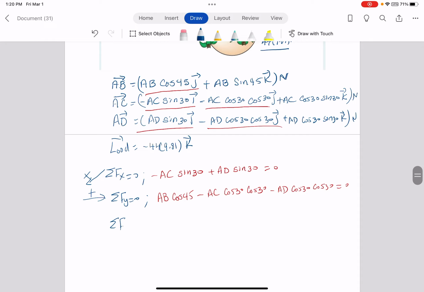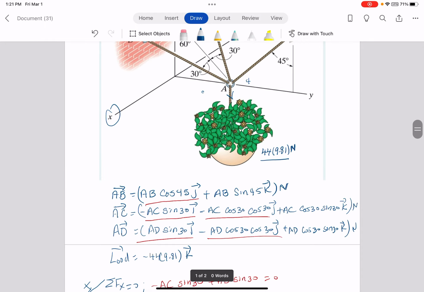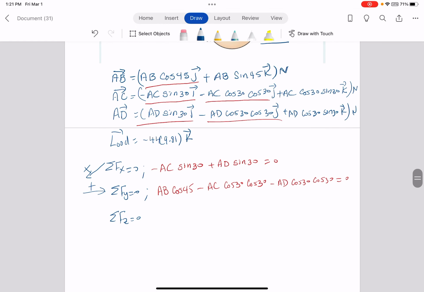summation of forces at z equal to 0, and z is going high up, positive.